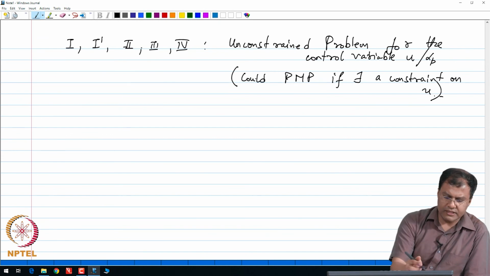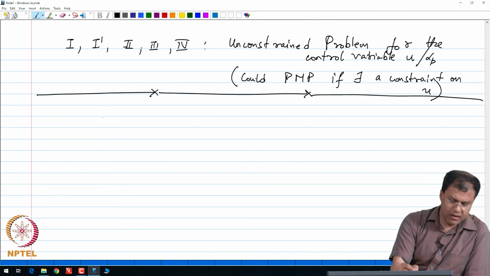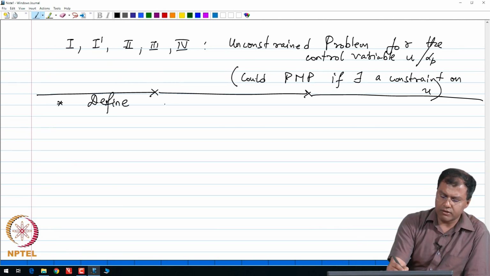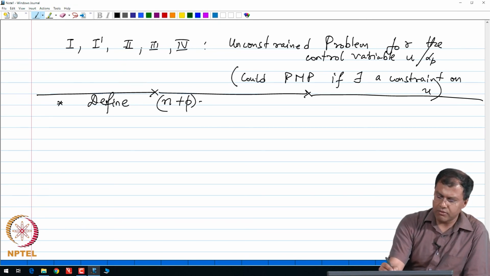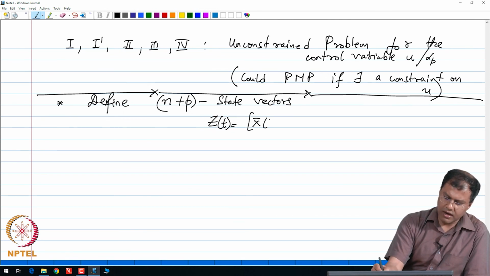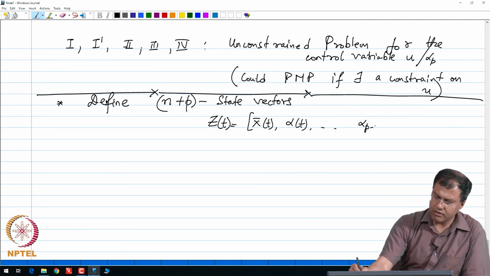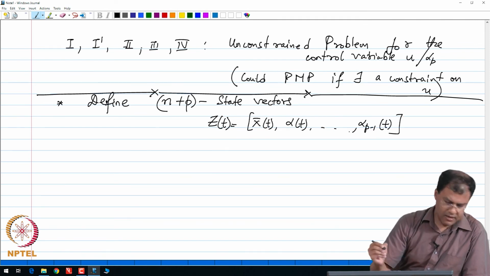So, quickly let me just summarize how we set up the problem. Now we have slightly more equations to solve. So, we are going to define not n vectors but n plus p state vectors, as z of t is equal to x bar of t, alpha of t, comma alpha p minus 1 of t, right.